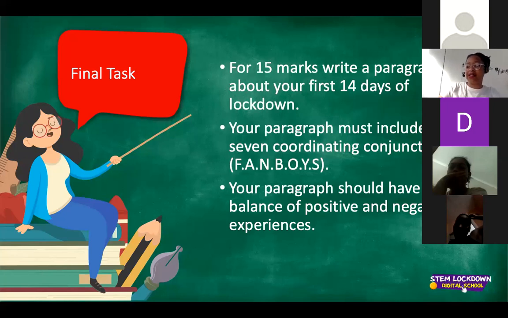Tristan, I need 7 sentences, hey? Positive and negative experience during your first 14 days of lockdown. Lerato, that's only 2 sentences. I need 7. And I think your 3 minutes are almost up.